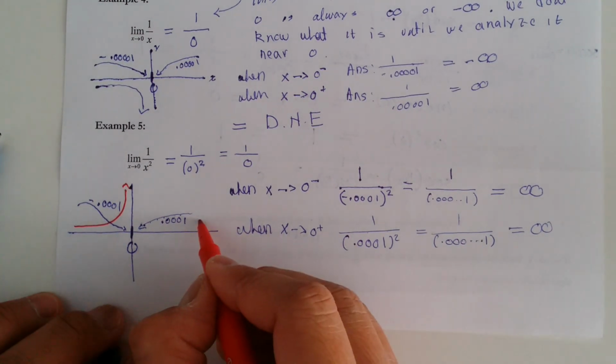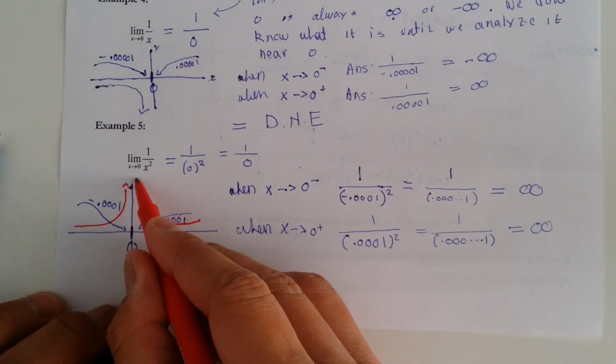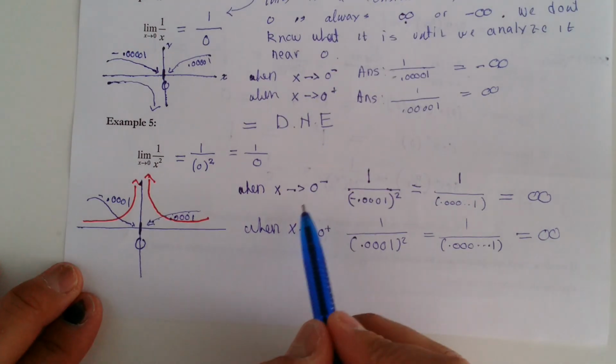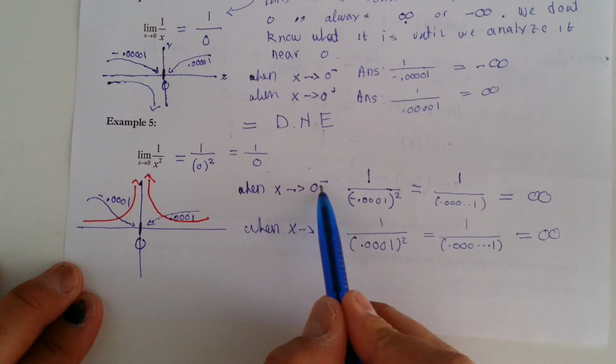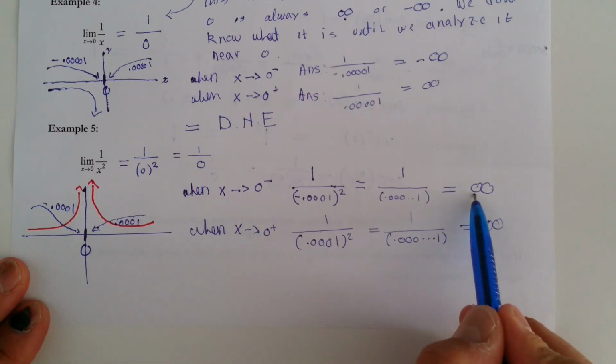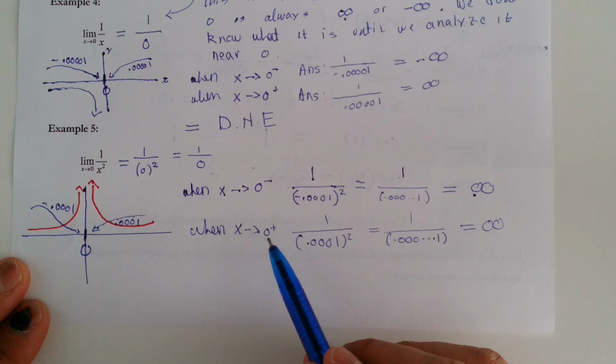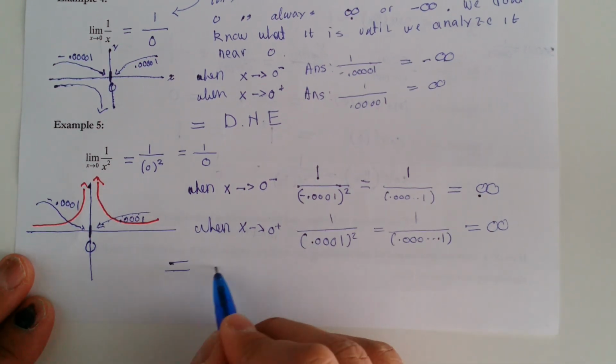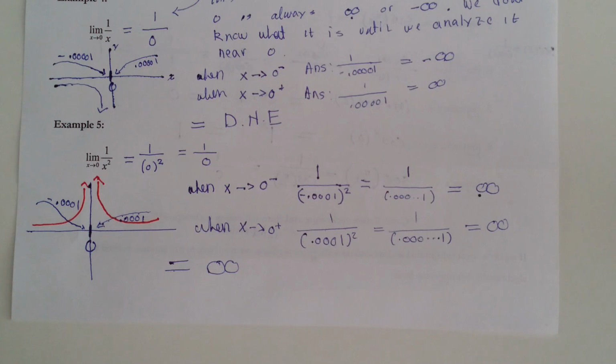So, guess what, guys? The definition of a limit holds in this case. Since the limit as x approaches 0 from the left equals the limit as x approaches 0 from the right, we say that the limit equals infinity because those are the same. Okay, so a little bit of a different situation.